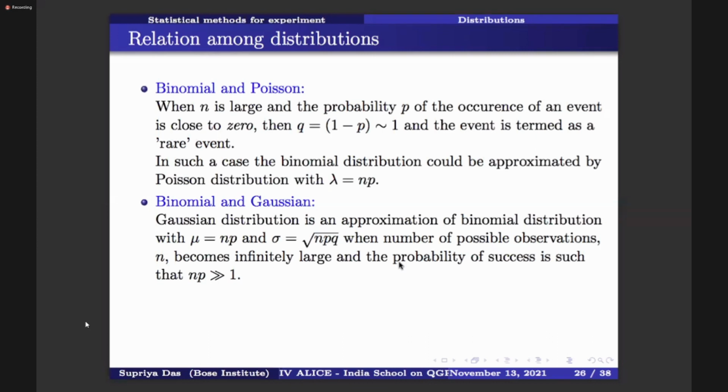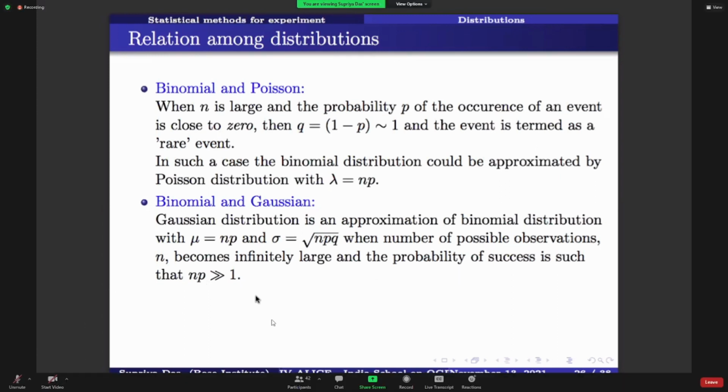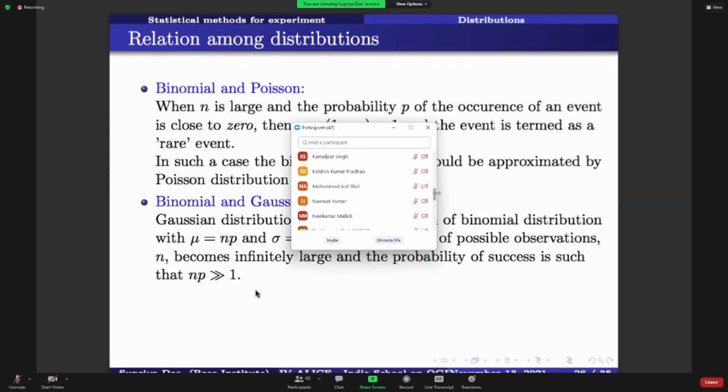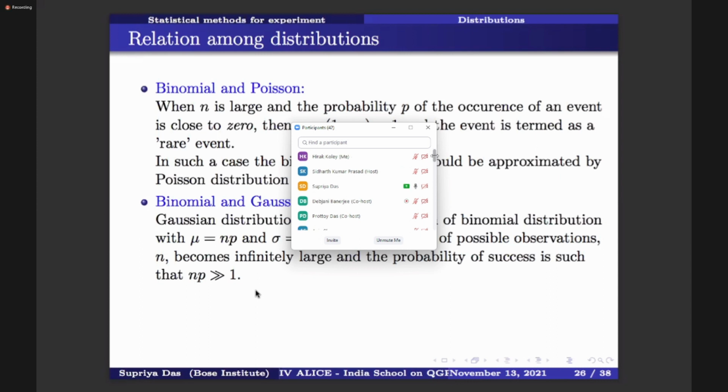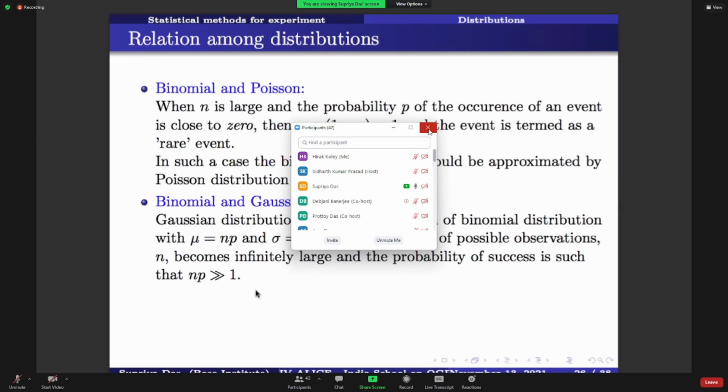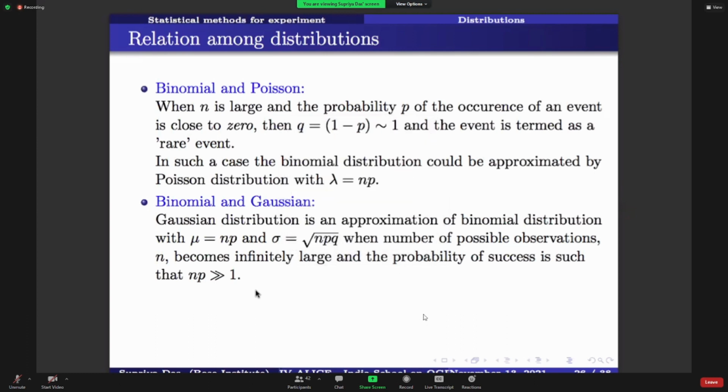This is why. N is large and np is much greater than 1. In that picture, the probability of success p was 0.5 and n was 50, so np was much larger than 1, and it looked like Gaussian. This is exactly because of this.